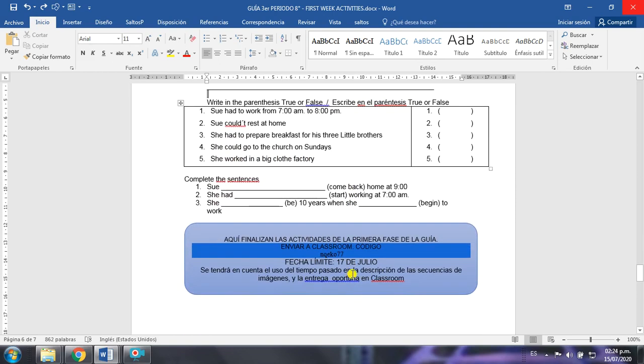In the last activity, you have to complete the sentences using the verb in past time. Okay? All the verbs that are in parentheses, you have to write it in the line using simple past. Okay? Simple past.